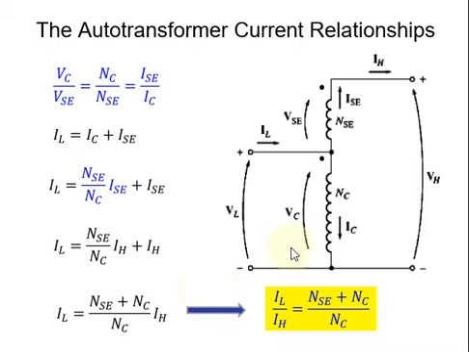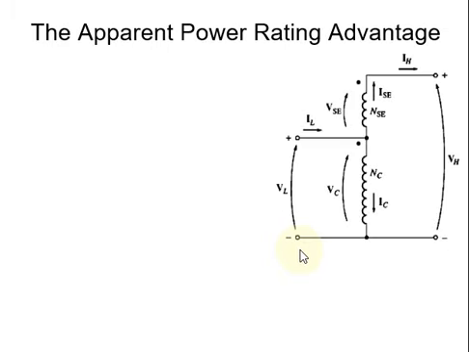By having a common relationship between this current and voltage, these two relationships can be combined and summarized into this one equation.